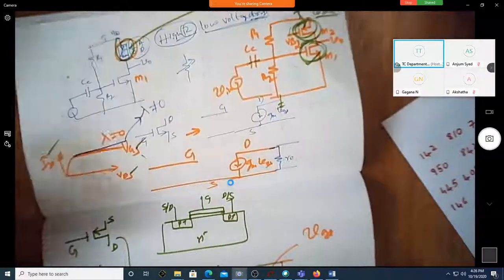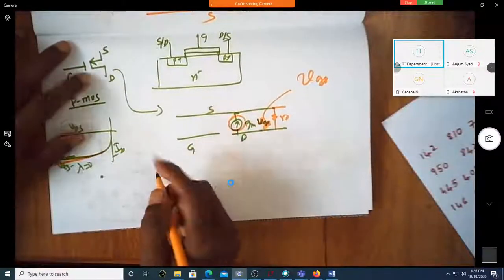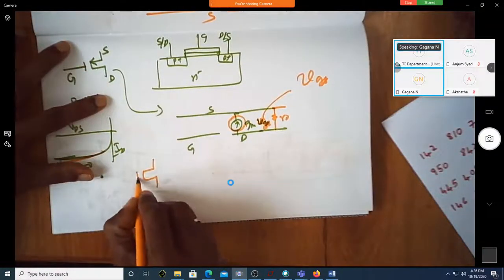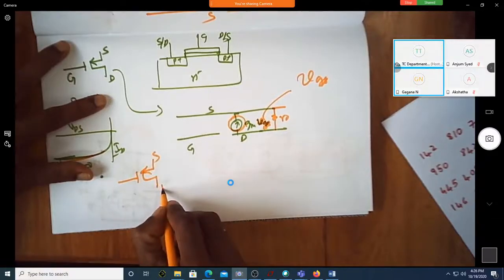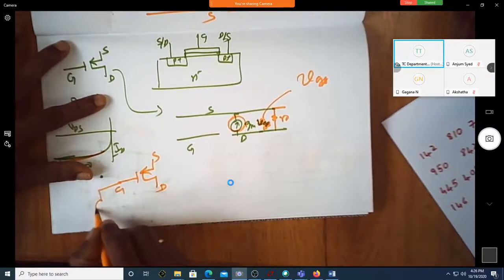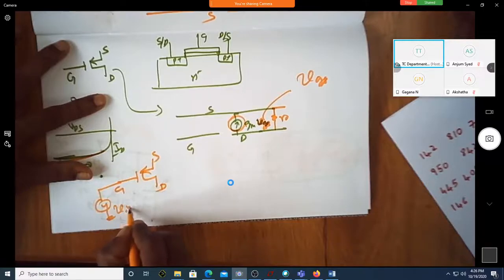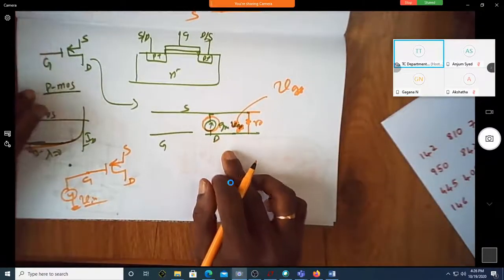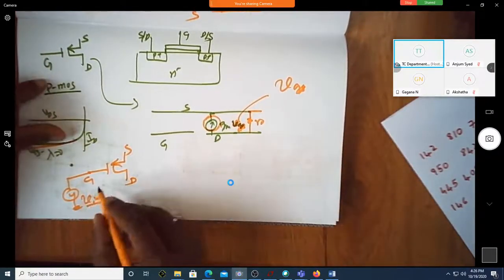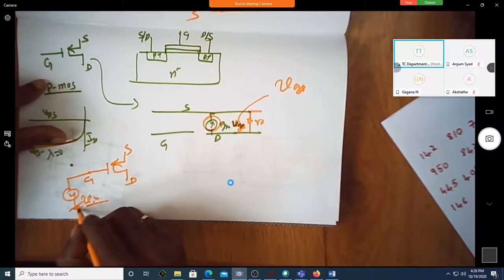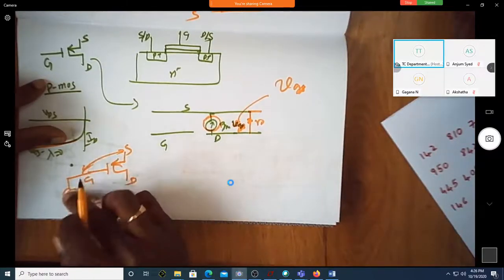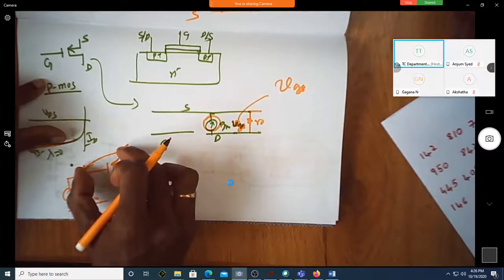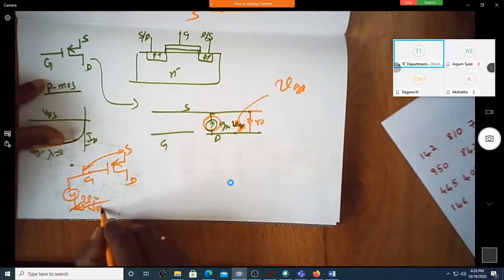I think we wrote it like this. For a PMOS with source, drain, gate, if a small input voltage Vin is applied, this is now VGS. Whatever input voltage you apply is across this one, if I connect it to VDD.